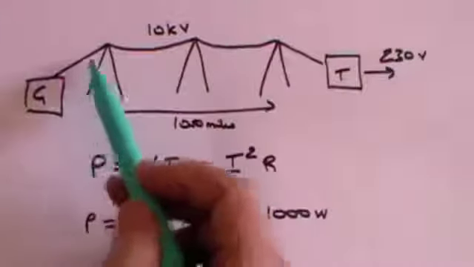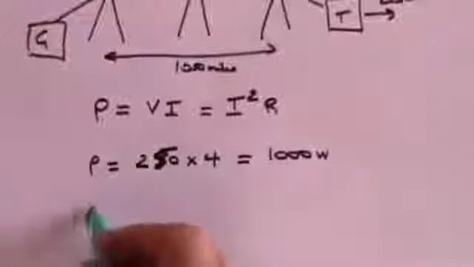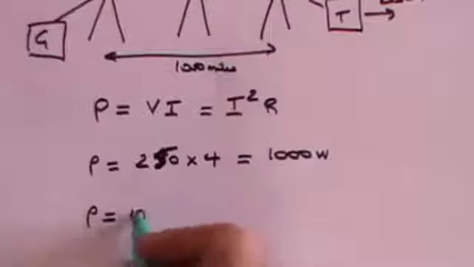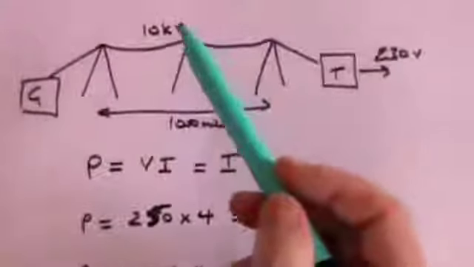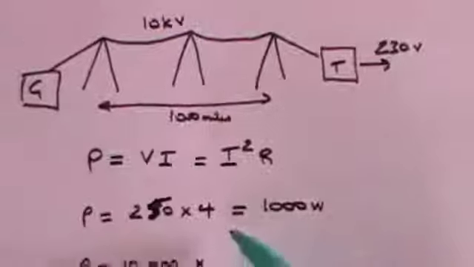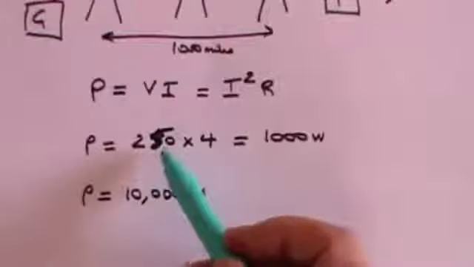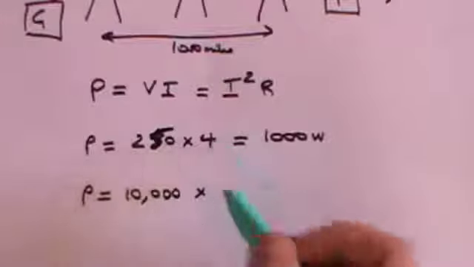Alternatively, we can transform this to 10 kilovolts. If we do that, then the voltage goes up to 10,000 volts. But of course, the current must come down proportionately because the power remains the same. So if we have multiplied the voltage by 40, we have to divide the current by 40.